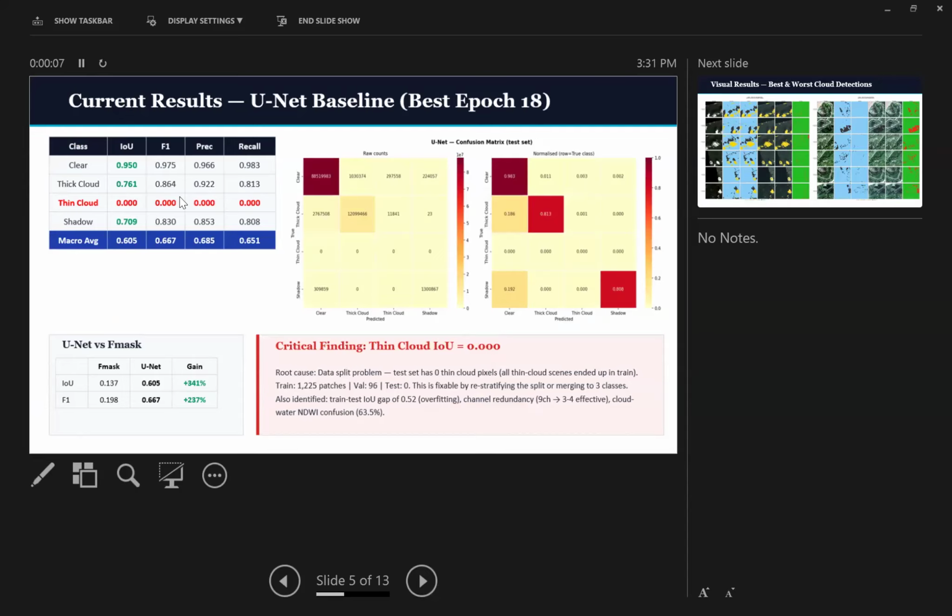So, the current results which have been found, I have marked here, sir: thin clouds and shadow are the most prominent problem right now. I want to include this as the main task, the prime factor in proposing the objective of cloud detection. Clear 0.9, thin cloud 0.